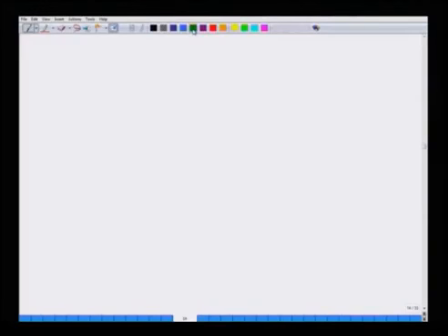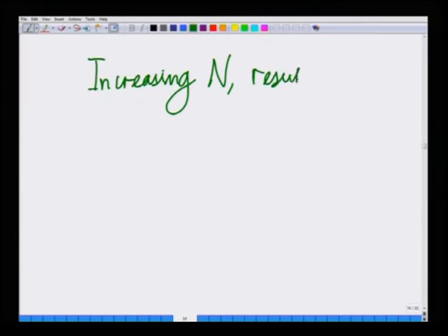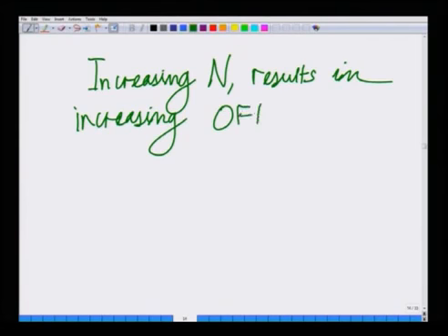Hence we can also think of increasing n as resulting in an increasing OFDM symbol time, which compensates for the ISI.